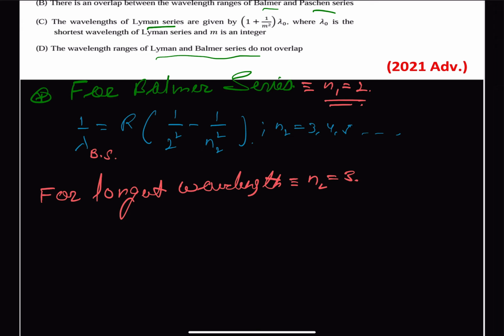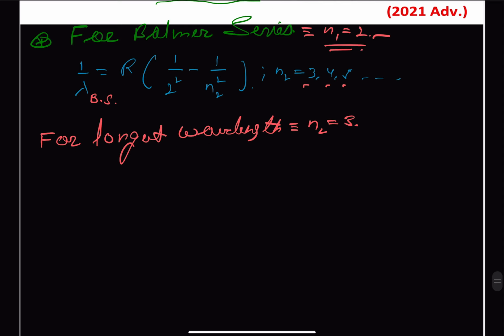And if we want to, we can also calculate by using the nth energy level formula, which gives us minus 13.6 divided by n square. Based on this, we can also find out the energy level at 3, 4 and 5 and subtract it from 2. Then also we can find out that the value of n2 is equal to 3.